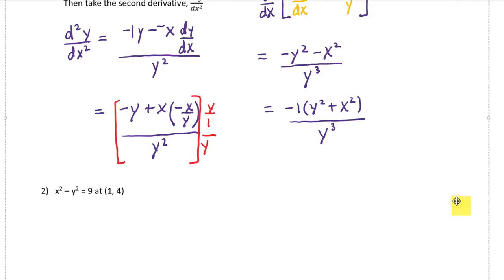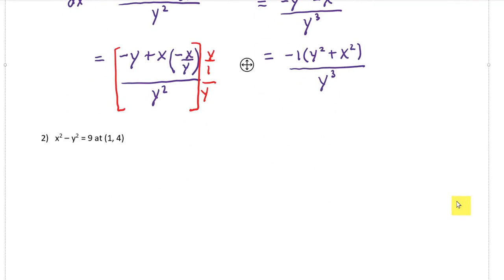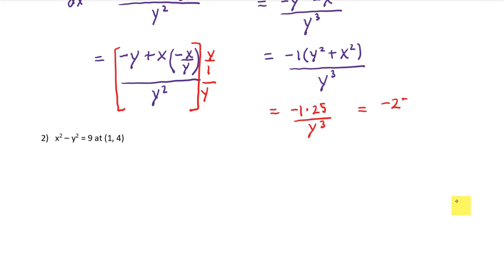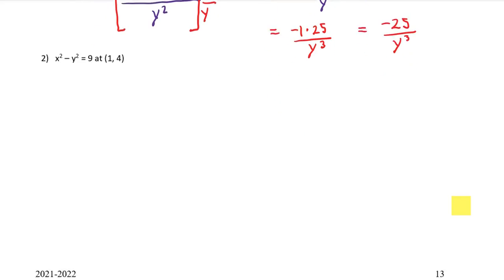They will take out the y squared and the x squared, and substitute negative 1 times 25 over y cubed, which then just leaves me negative 25 over y cubed. Okay? On a multiple choice, you probably would have to do that. On a free response, most likely not.